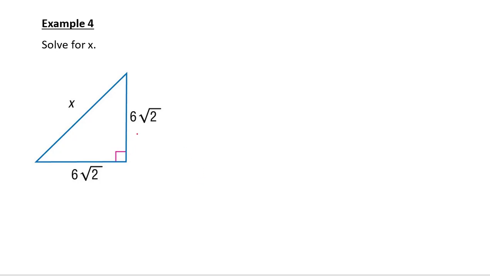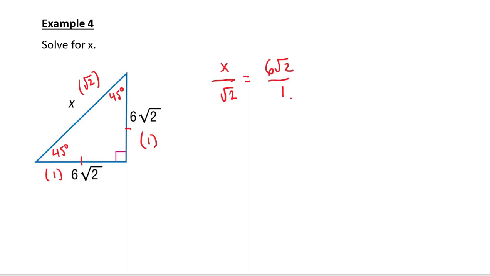Okay, each one of these sides is equal. So I know it's an isosceles right triangle. So I know that that's 45 degrees. I know that's 45 degrees. This side is 1, root 2. So x is to root 2 as 6 root 2 is to 1.